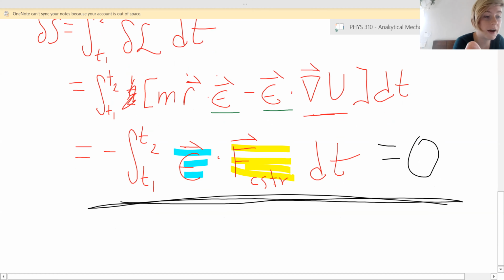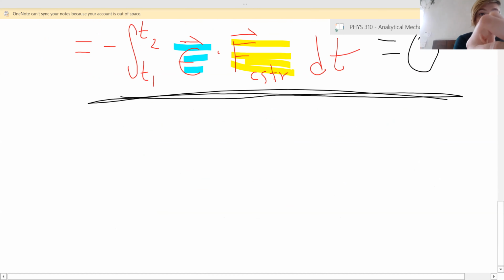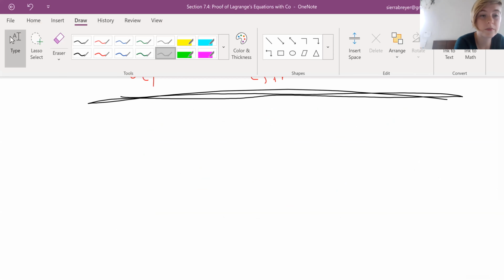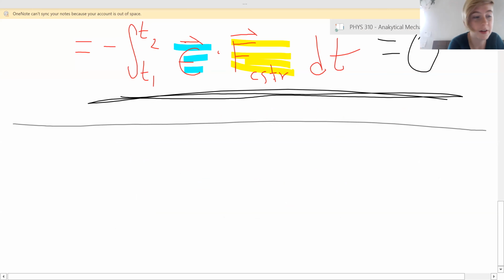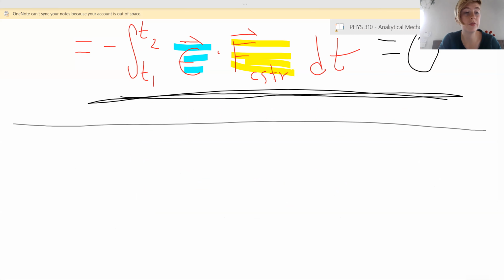So then our final proof for it, I'm just going to draw a good old line here. This is our final proof. What we're going to do is prove Hamilton's principle works for those variations of the path that are constrained with the constraints, which means we can't use Cartesian, but we can have general forms of coordinates.